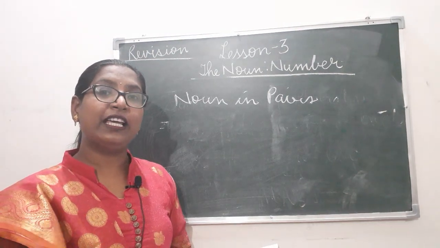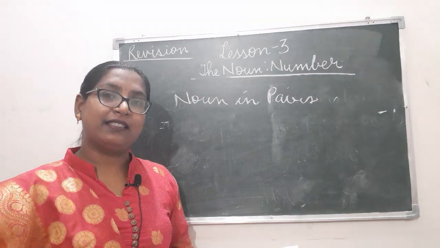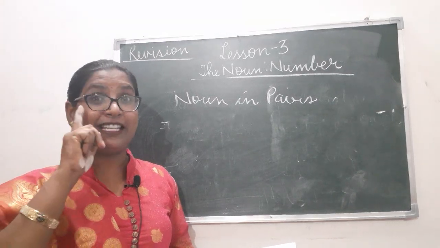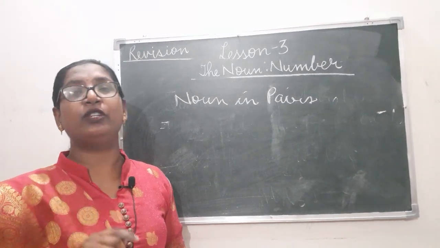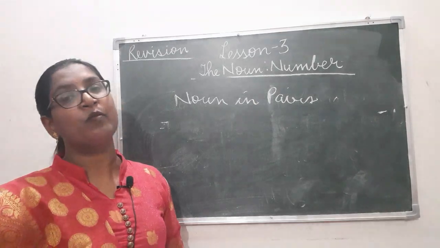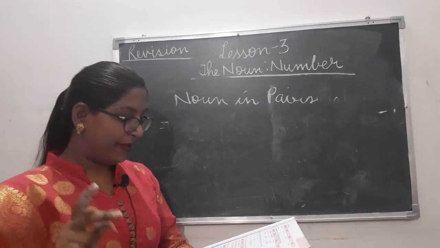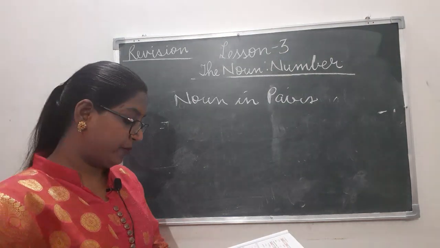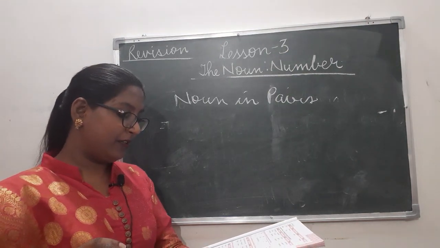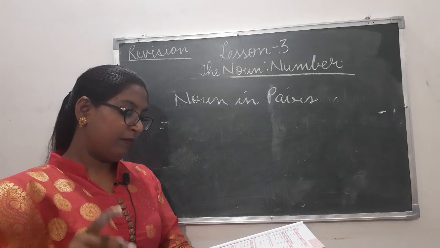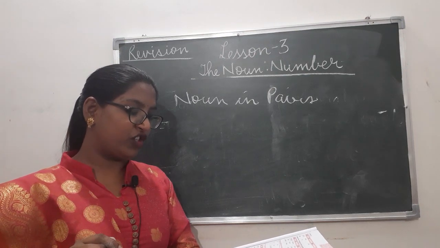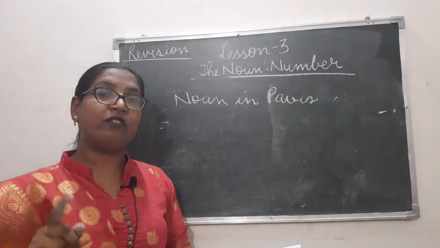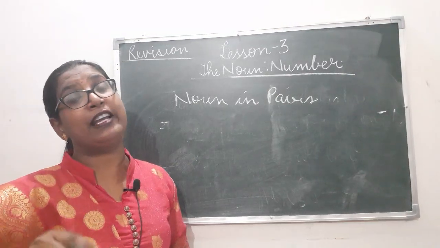We don't say glass. It is always glasses. Scissor we don't say. It is always scissors. And with these kind of pair nouns, we use the plural verb. For example, my jeans need washing. We never say my jean. We say my jeans.